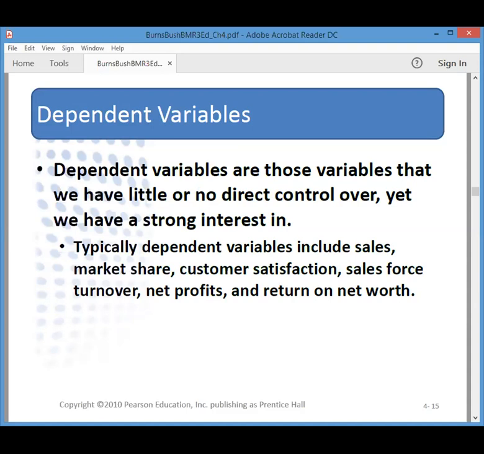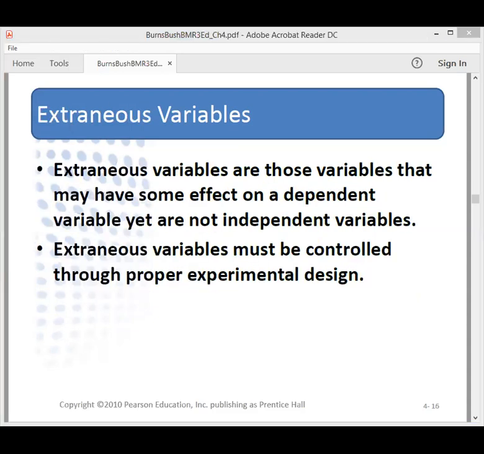Some examples of dependent variables might be sales or customer satisfaction or market share. So we might look at how the measurement of sales changes when we increase advertising? Advertising being the independent variable, sales being the dependent variable.